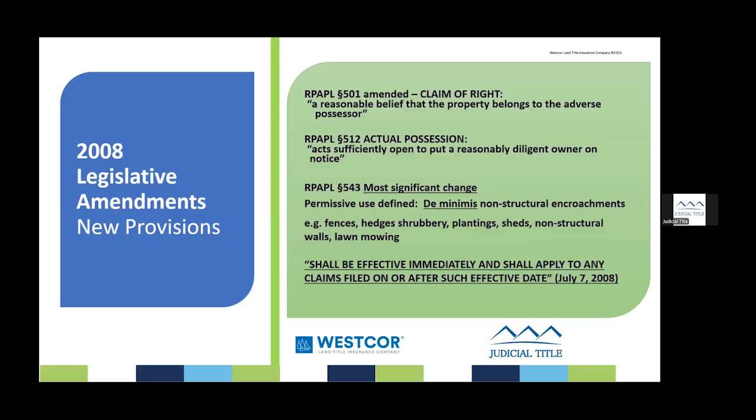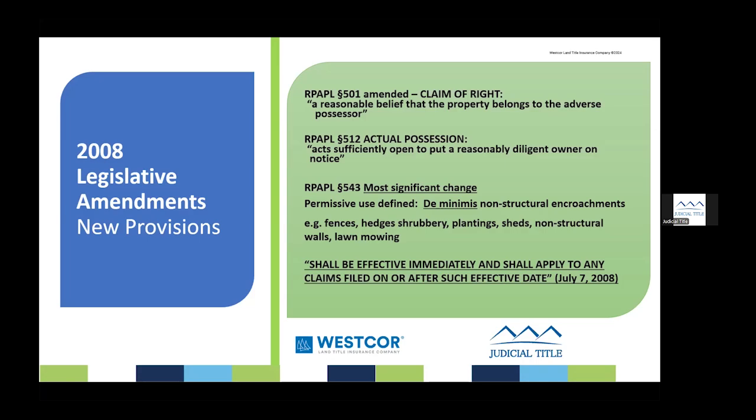It added the claim of right or reasonable belief of ownership, and it added to the hostility factor as well to make more than de minimis, more than permissive, and some substantial structure, and maybe more so than just mere fencing or something else.